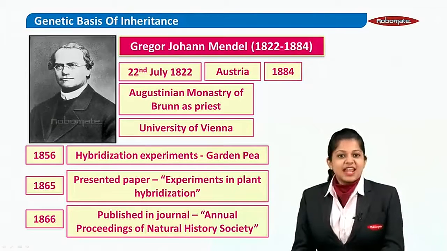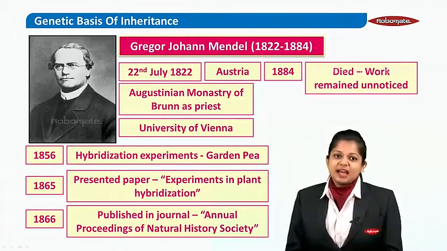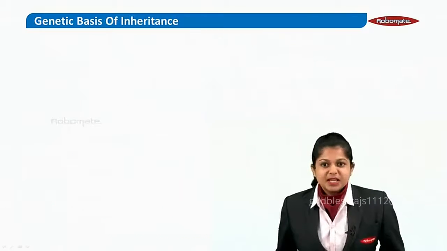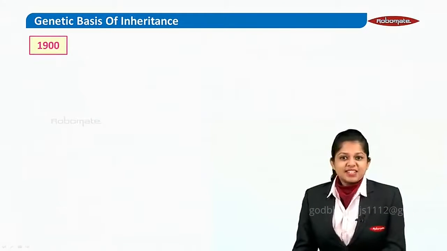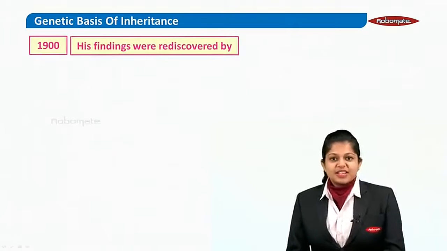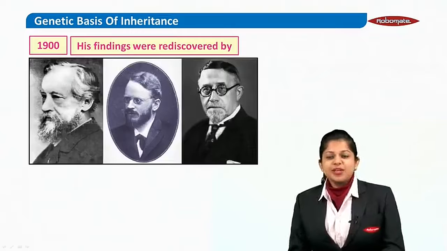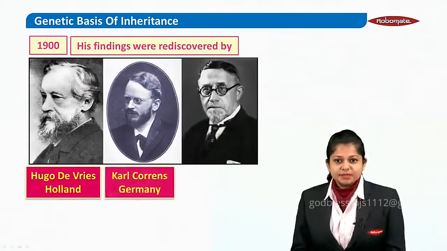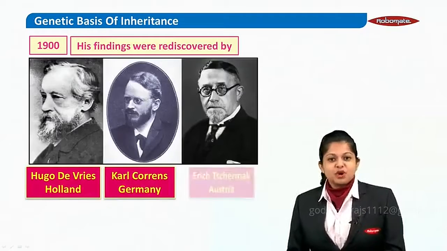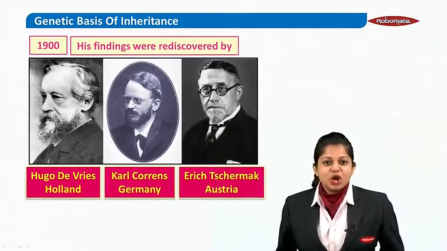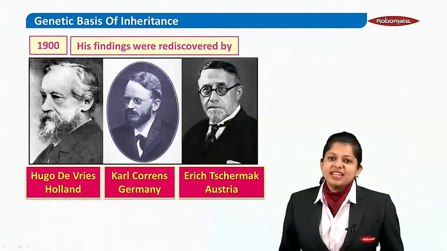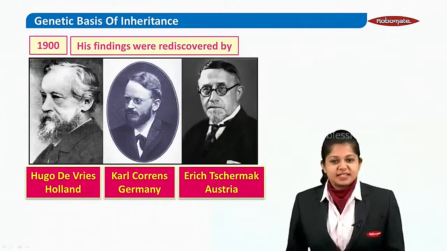Further, in the year 1884, he died and his work remained unnoticed, till in 1900, his findings were rediscovered by three scientists: Hugo de Vries from Holland, Karl Correns from Germany, and Erich Tschermak from Austria. All three worked independently on his findings.